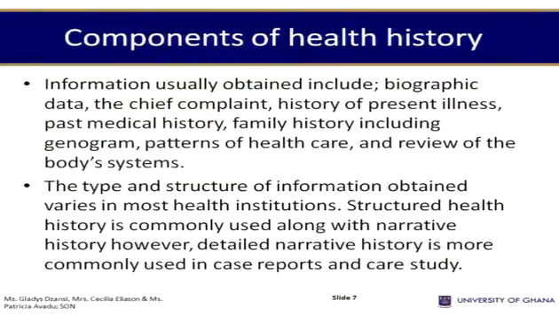We want to look at the components of health history. Information usually obtained when you are collecting health history covers a wide range of areas, but for this session, we'll focus on the biographic data, the chief complaint, history of present illness, past medical history, family history, including the genogram, which gives us the structure of the family, then the patterns of healthcare, as well as reviewing the body systems as part of obtaining health history.